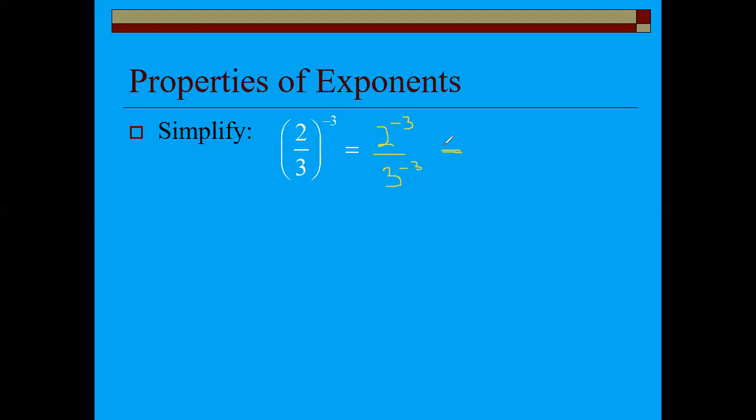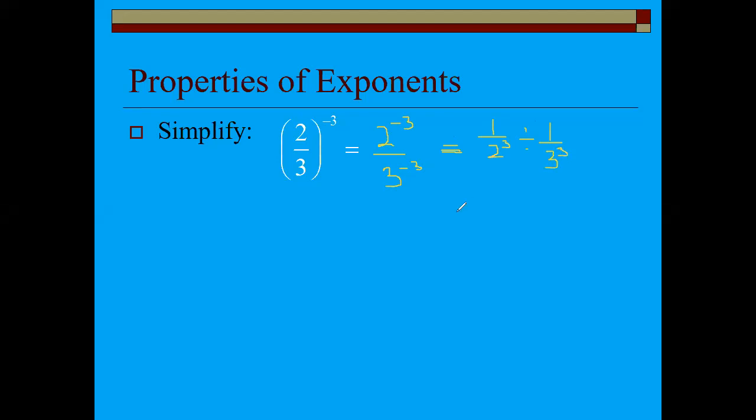This will be equal to 1 over 2 raised to the power 3, divided by 1 over 3 raised to the power 3.